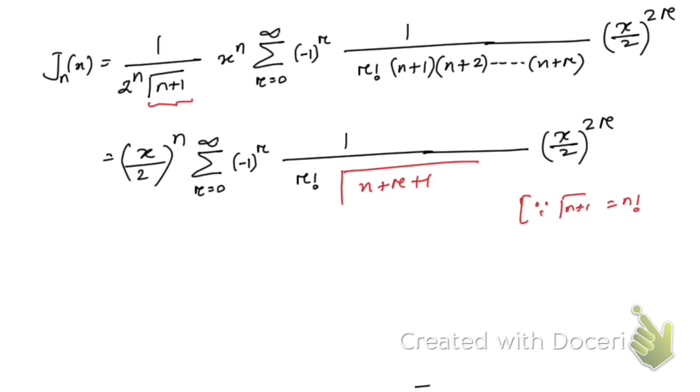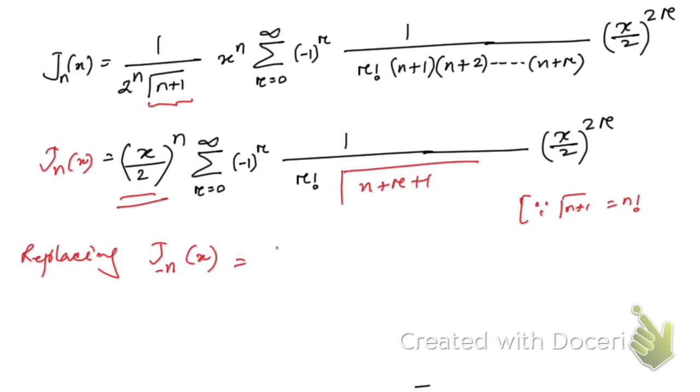Now this is called Bessel's function. Now if you replace n by minus n of x, then you can just replace this n by minus n. Then we can write this in this way. And let me tell you one more thing.